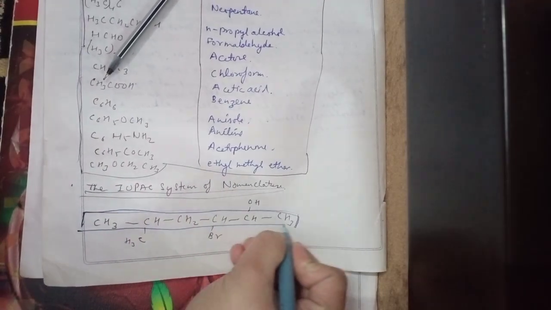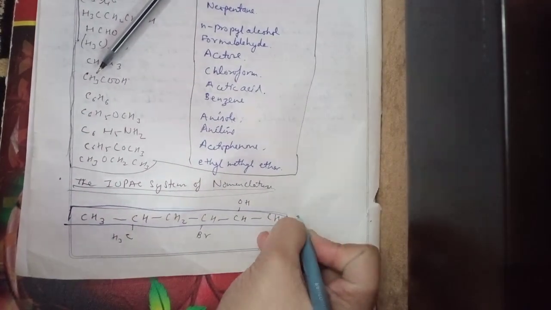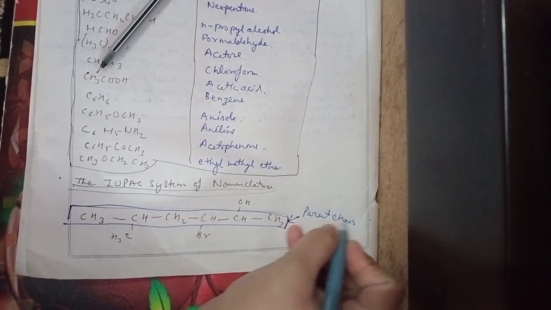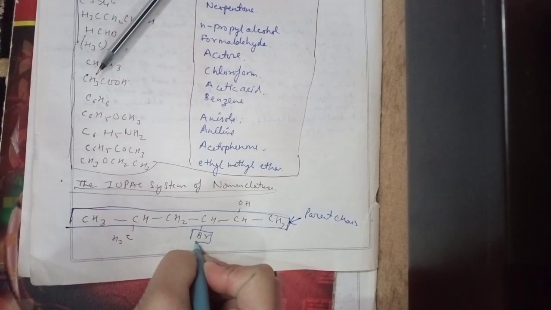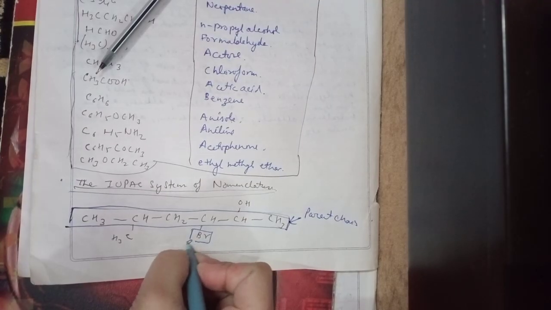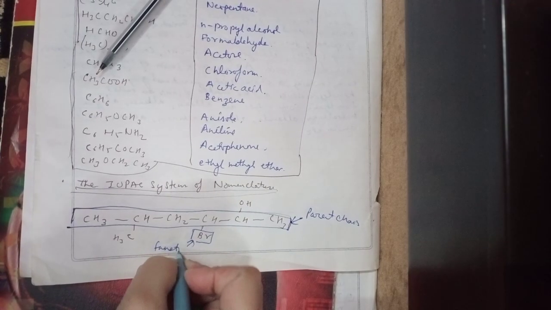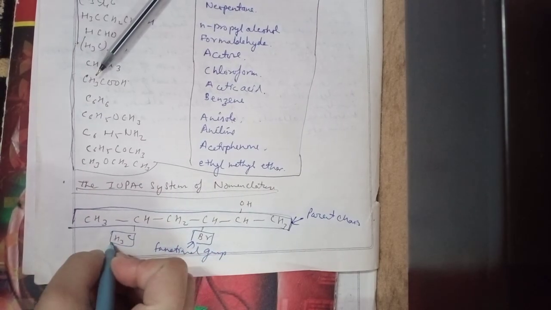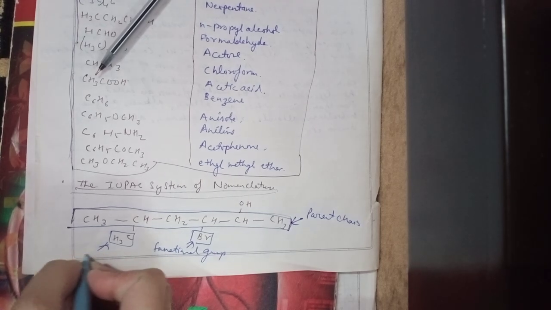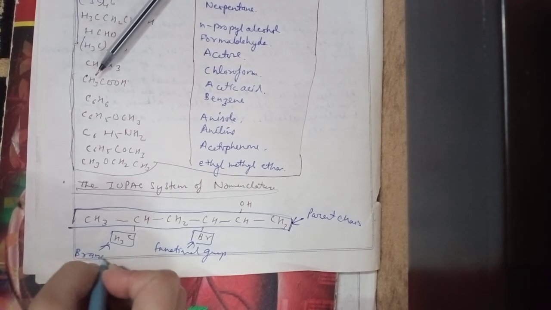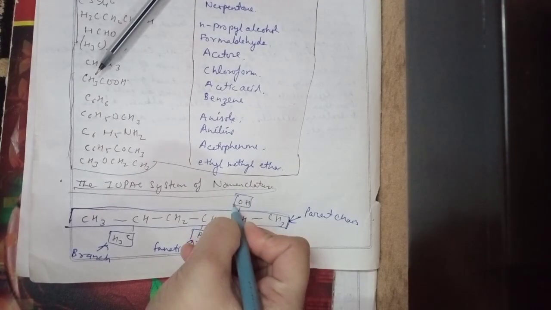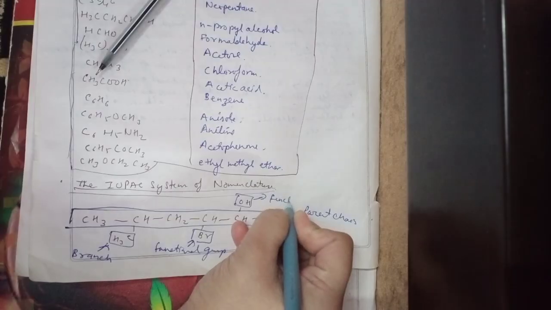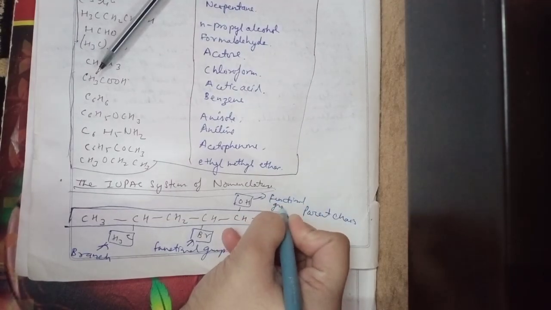This whole line is your parent chain, and this Br is your functional group. This CH3 is your branch. This OH is also your functional group.